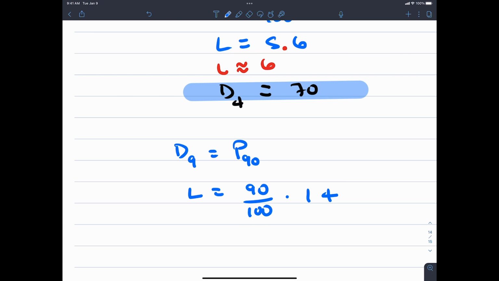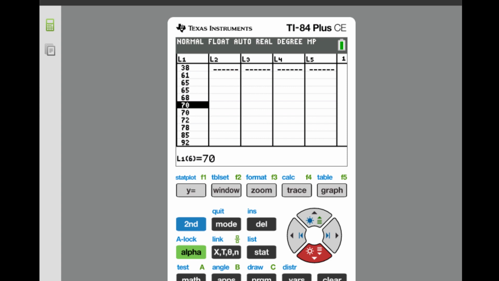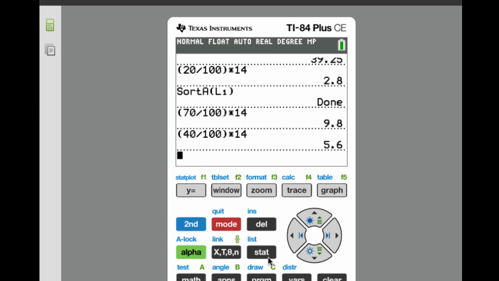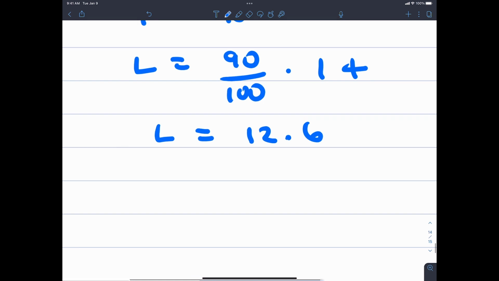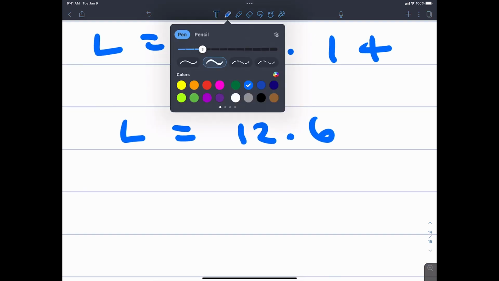Ladies and gentlemen, is that true? 90 divided by 100. Close that. Times 14. What does this equal? The locator is 12.6.